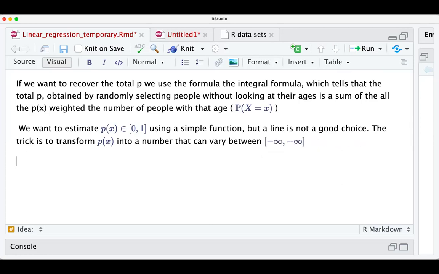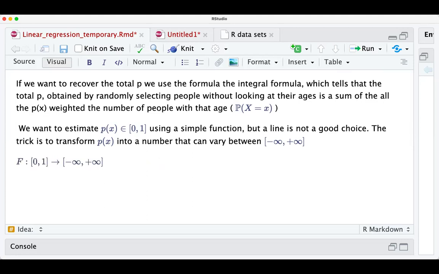So we look for a transformation f that goes from 0 to 1 to minus infinity to plus infinity.